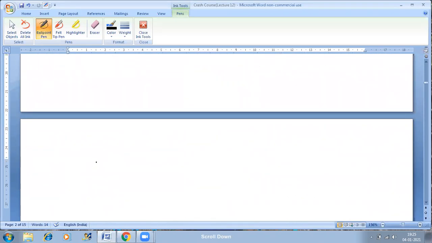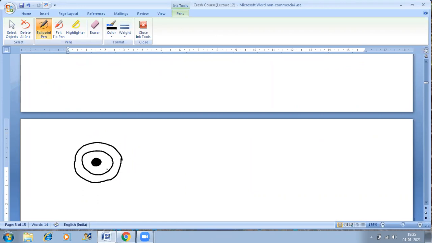If I'm having an element, this is the nucleus, let's say. Around the nucleus I have shells, okay? I have shells, and the electrons are present in the shells. The nucleus is positively charged because it has protons and neutrons. The neutrons are neutral.